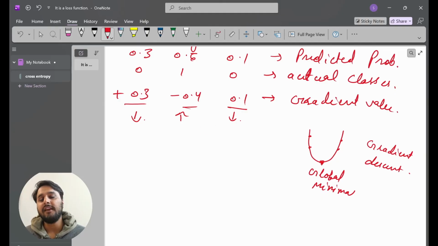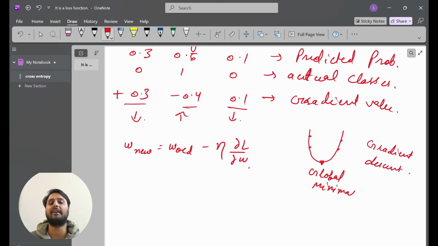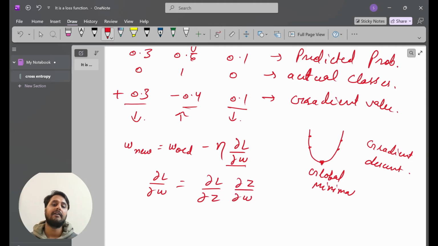Now let me tell you the formula to update the weights. W new is equal to W old minus learning rate times the derivative of loss with respect to the derivative of weight. This is our gradient. We can also write the derivative of z with respect to the derivative of weight, since it cancelled out, it is the same term.